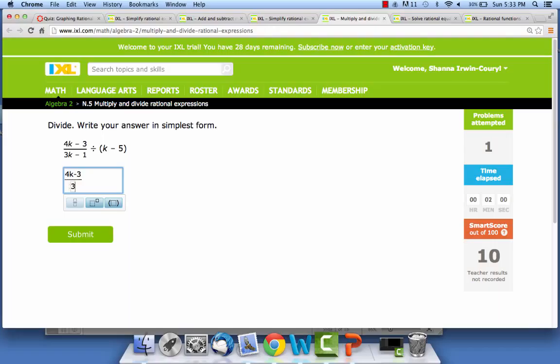And down here we have 3k squared minus 16k plus 5.